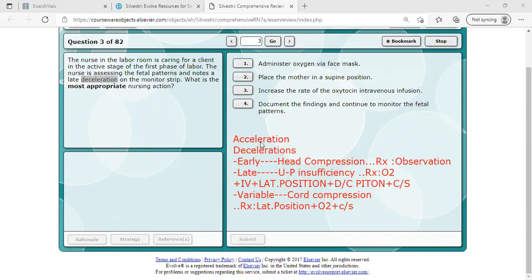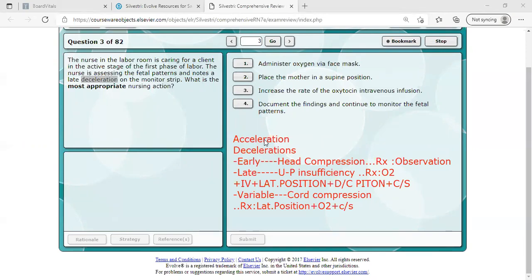Every student must know the normal heart rate. When you monitor the fetus, the normal fetal heart rate is 120 to 160 beats per minute.